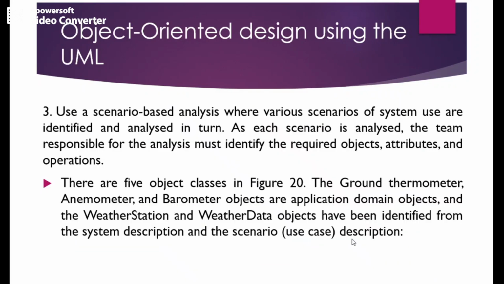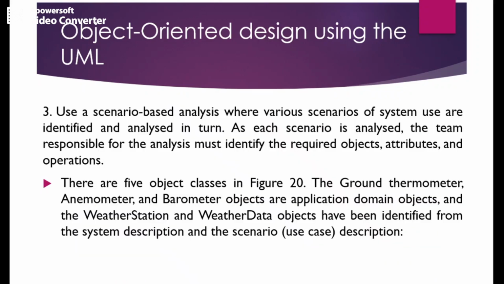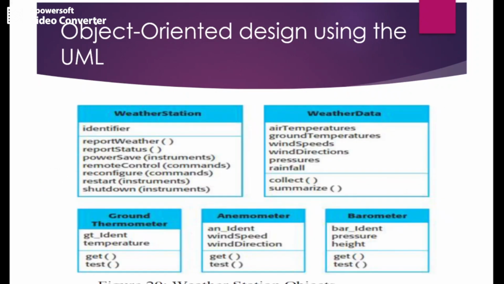These are the application domain objects, and the other objects are identified from the description of your system or from the scenario. Scenario here means the use case. Those are the weather station object and weather data object. So that is about identifying the object classes. You are going to identify the different objects for your system, and either through scenarios you can identify the objects.